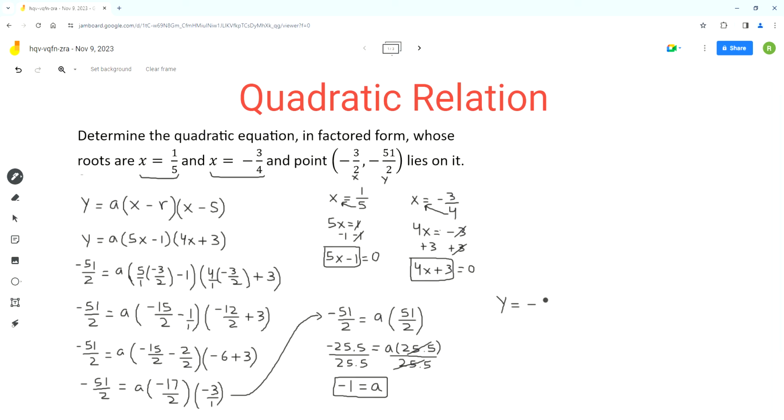Since the a value is the coefficient here, we don't write 1 as a coefficient, so we'll just write the negative sign. And the factors are 5x minus 1 and 4x plus 3. So this should be the final answer of this quadratic equation in factored form.